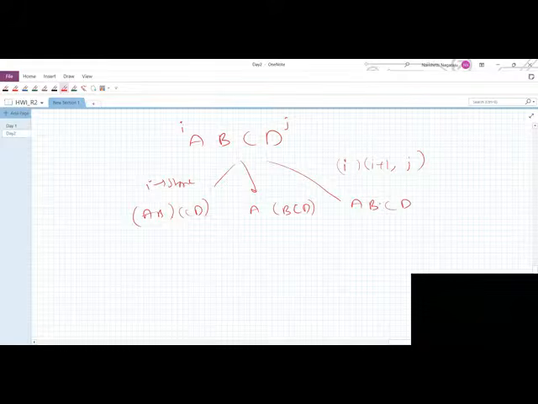There are multiple ways of taking it. When we take it this way, we represent it with I and J. I is the starting index and J is the ending index.